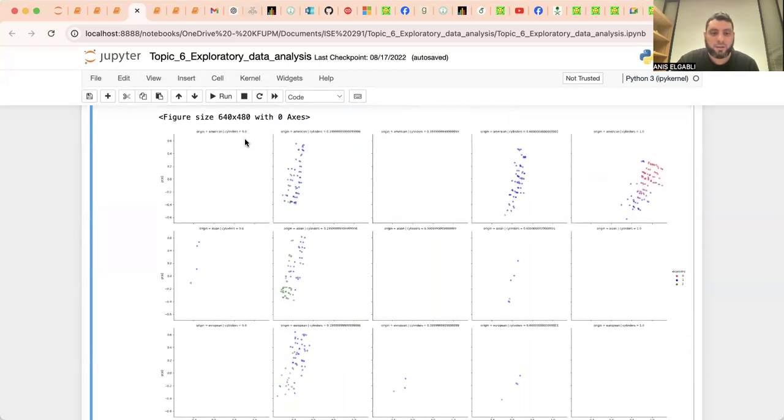So here let's assume the minimum is 3. There is no car here that is American and the number of cylinders is 3. Okay, there are some American cars where the number of cylinders is equal to 4, and these cars mostly belong to class 1 and class 2 in terms of the economy.